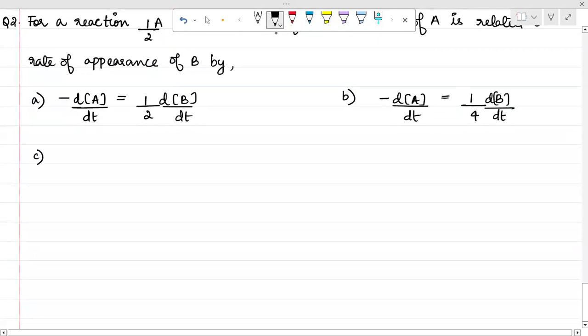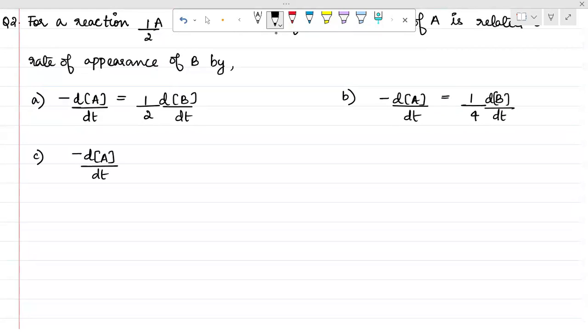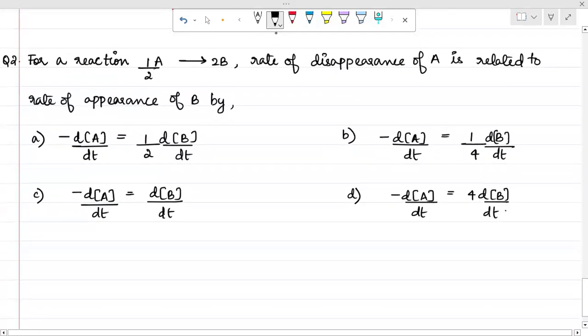Option C: minus dA by dt is equal to plus dB by dt. And option D: minus dA by dt is equal to 4 times dB by dt.